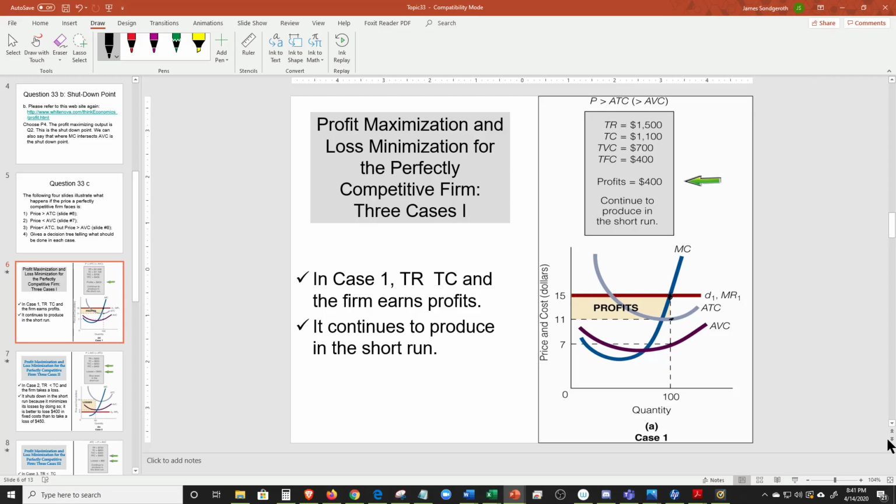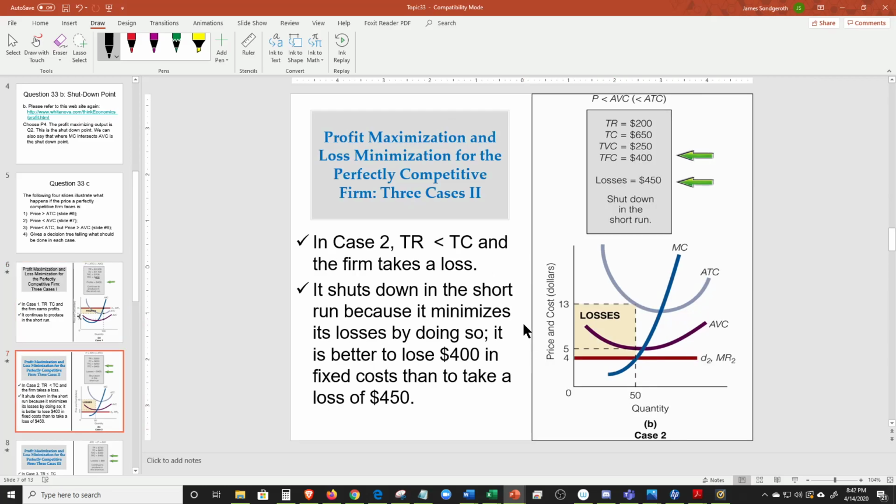So you can see that's 4 times 100, which would give you a total fixed cost of 400. All right. So at this price, the price not only is covering all of the variable cost, it's covering all of the total cost with some left over, and what's left over are profits. The firm would definitely produce there. Okay.